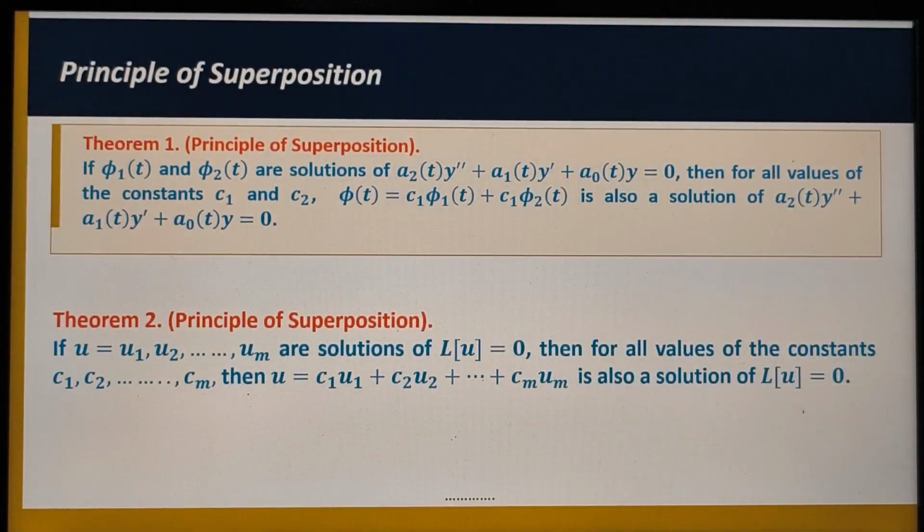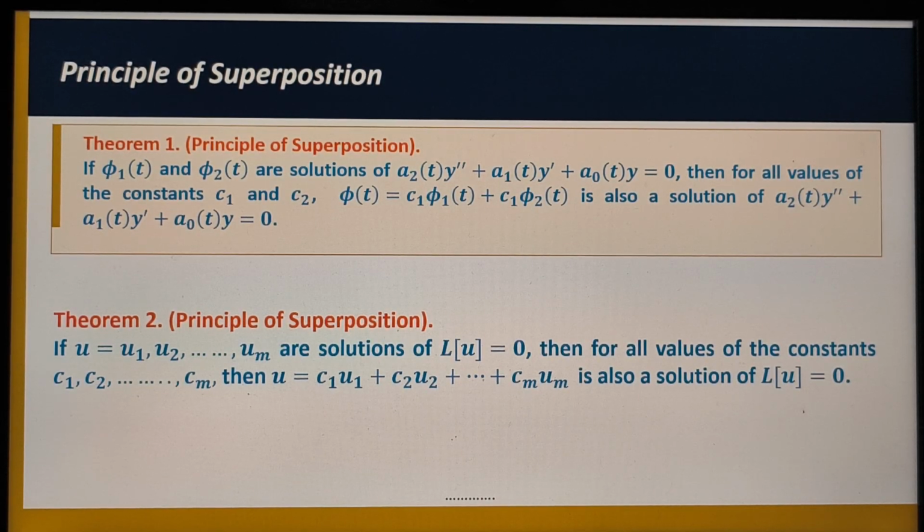In a similar way, we consider the general second order differential equation a2(t)y'' + a1(t)y' + a0(t)y = 0. If phi1 and phi2 are solutions of the differential equation and c1, c2 are arbitrary constants, then phi(t) = c1 phi1 + c2 phi2 is also a solution of the equation.